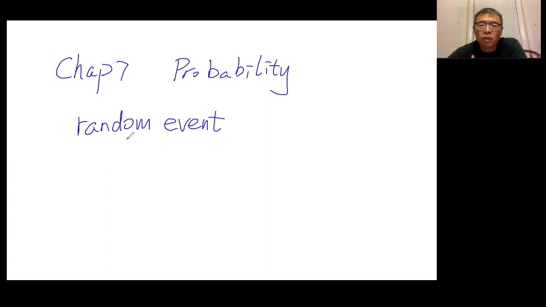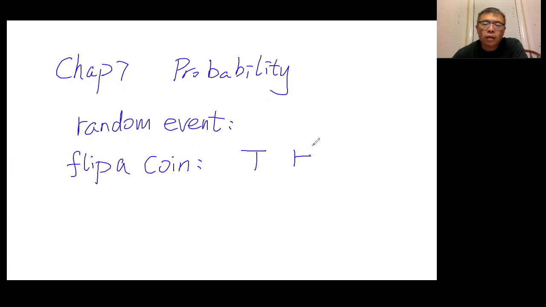For example, if you flip a coin, you could get either a tail or a head, right? You do not know which one will come out. That's what we call a random event.